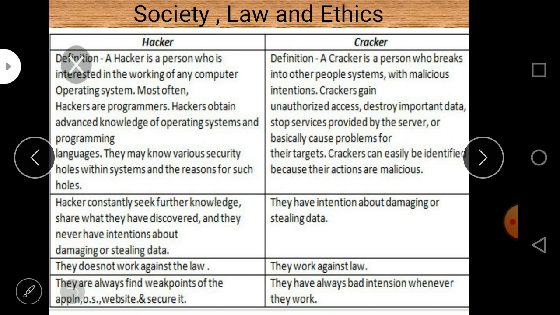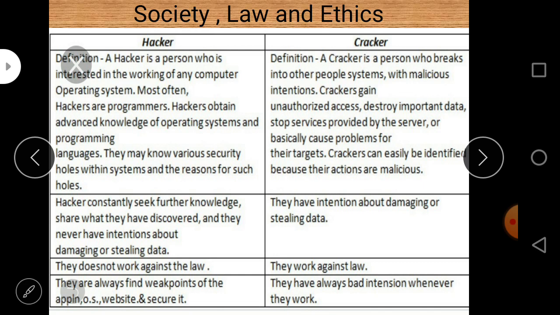A cracker is a person who breaks into other people's systems with malicious intentions. Crackers gain unauthorized access, destroy important data, stop services provided by the server, or basically cause problems for their targets. Crackers can easily be identified because their actions are malicious.